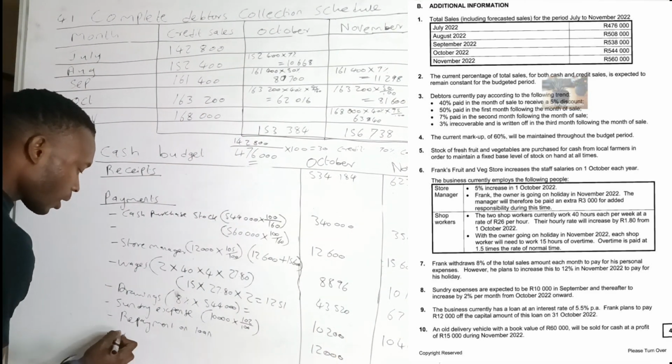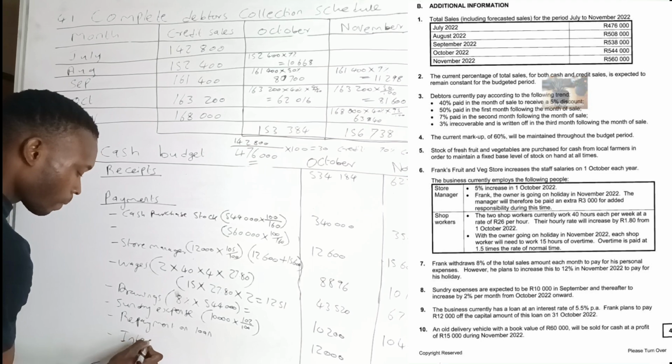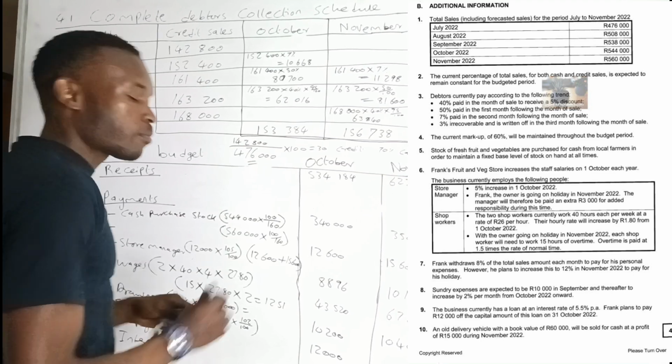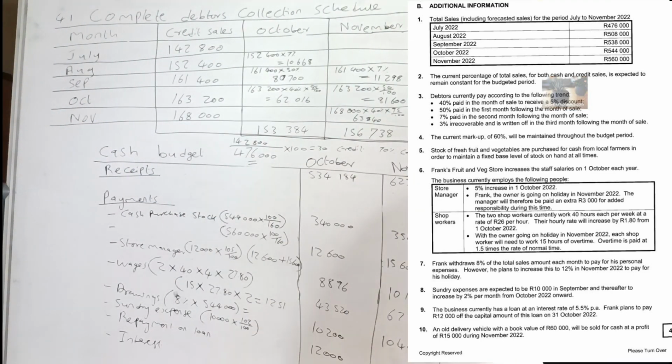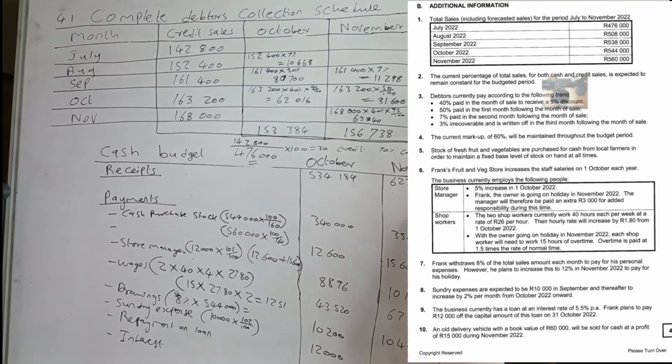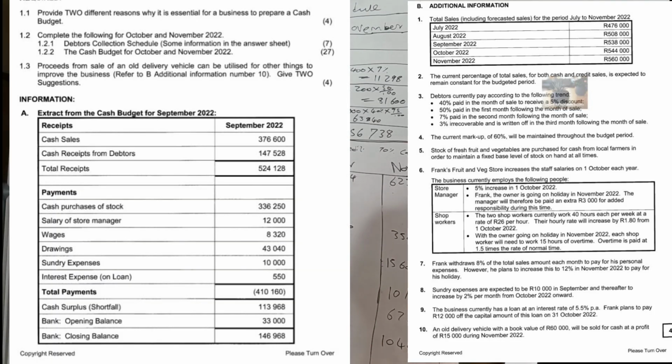But we also have interest. Interest before you make a payment on 31 October, because we paid at the month's end. So we have to go back and check how much he was paying for interest. 550.